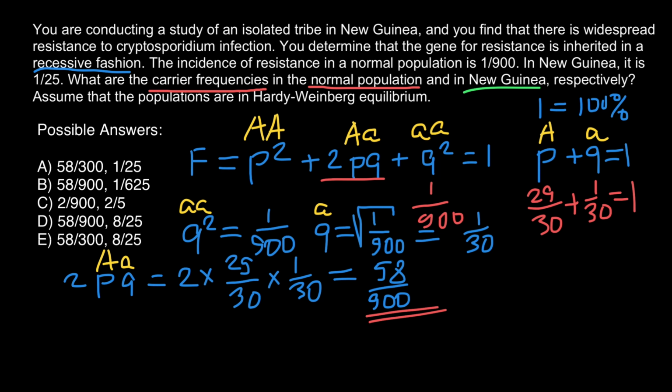Now I'm going to use a different color in order to solve the second part of our question. And we are told that the frequency of the people who are resistant to this disease is 1 out of 25. So 1 out of 25 people would be resistant, and that means belong to this genotype. Small a in our Hardy-Weinberg formula stands for the q squared.